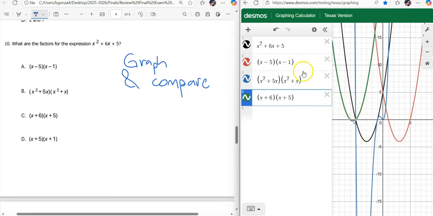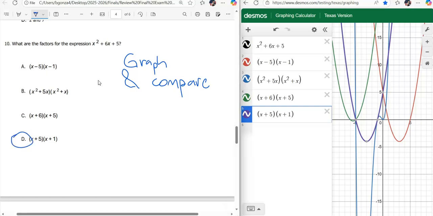So this green one doesn't match this black one either. Okay, there's hope for the last one. X plus 5 and x plus 1. Now this purple one, if I click it away, looks like it's on top of that black one, which is exactly what I was trying to do. Graph and compare, which one matches. It's got to be letter D.